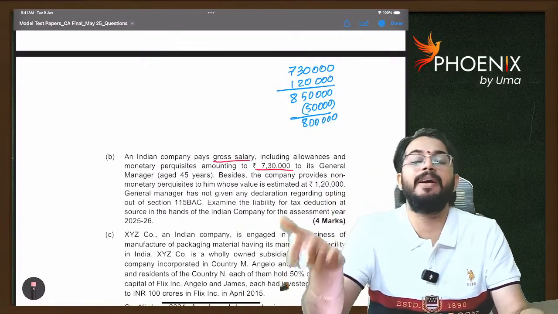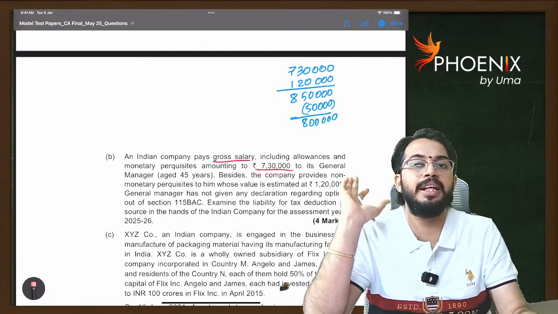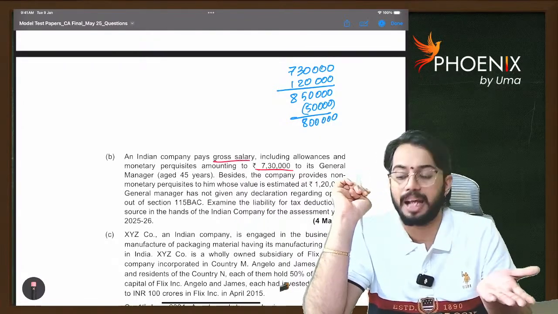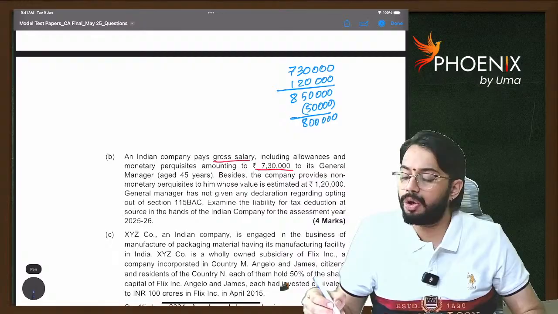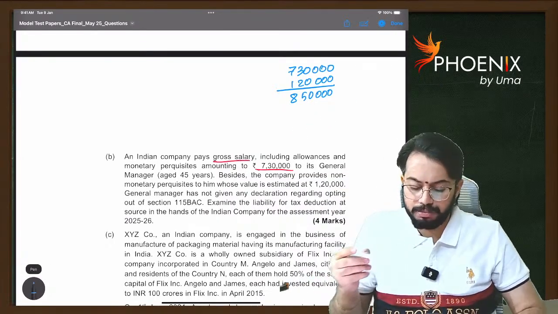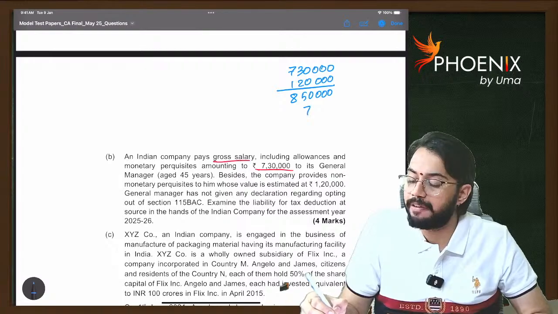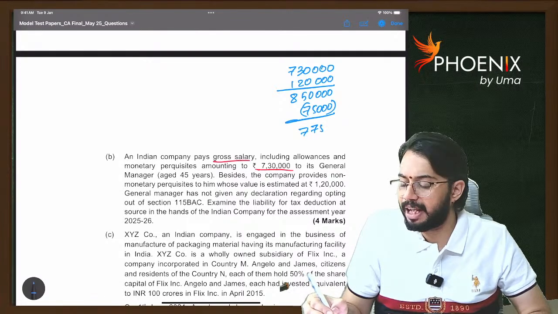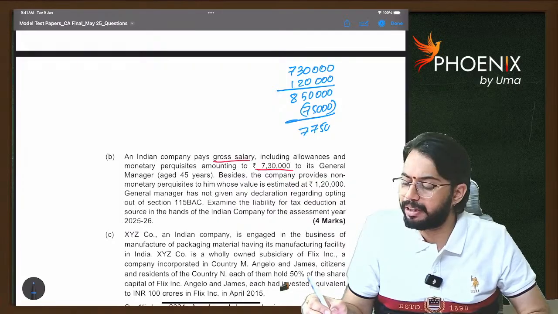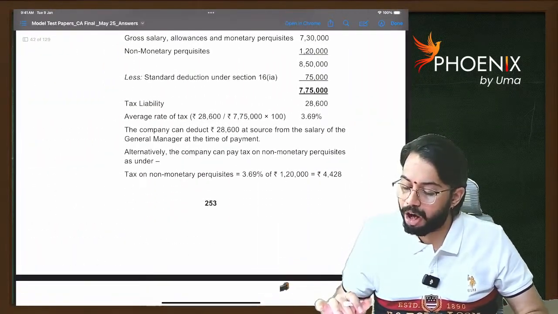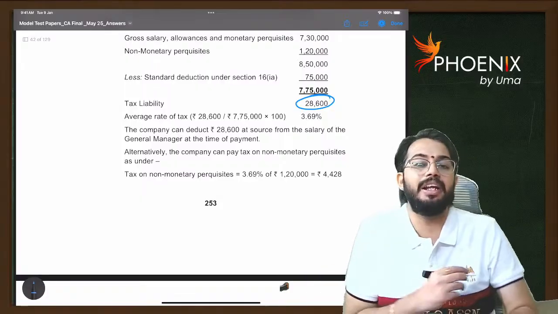Only if employee gives declaration to deduct TDS under optional tax rates, then only employer will deduct TDS at optional tax rates. So here, as no declaration is received, we can assume TDS is to be deducted under default tax rates, 75,000 standard deduction, balance 7 lakhs 75,000 is only taxable.